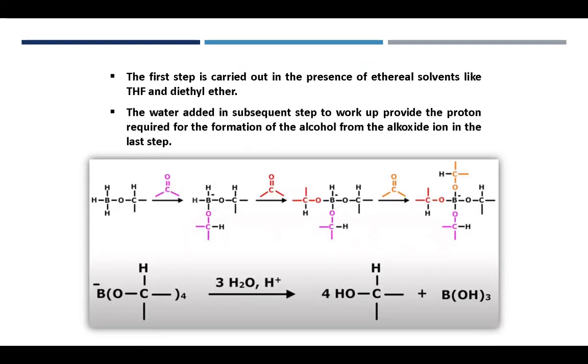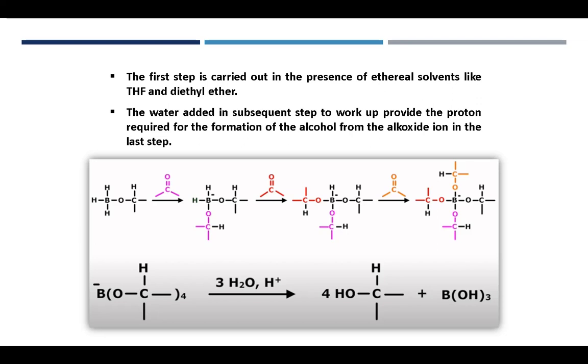This process can continue, in principle, so that all 4 atoms of hydrogen could be transferred to molecules of aldehyde, one by one. But in practice, all 4 hydrogen atoms are not actually transferred.